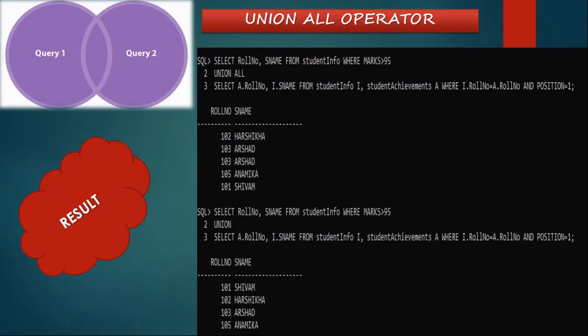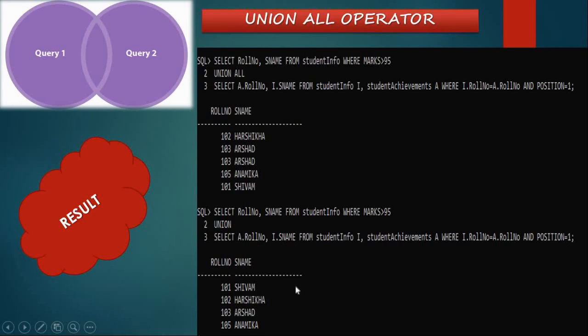Now let us understand about the union all operator. Well, as I said before, if we want to keep any duplicate record, if we don't want it to be removed, then we must use union all operator. Now here, as you can see in the query, select roll number and student name from student information table where marks is greater than 95, union select roll number and student name from student information and student achievement table where the position is equal to 1.